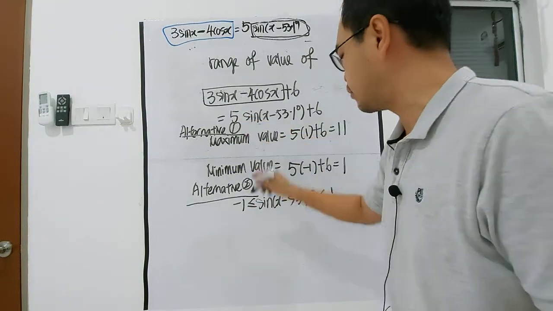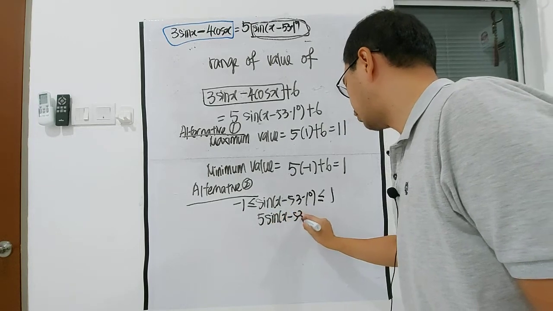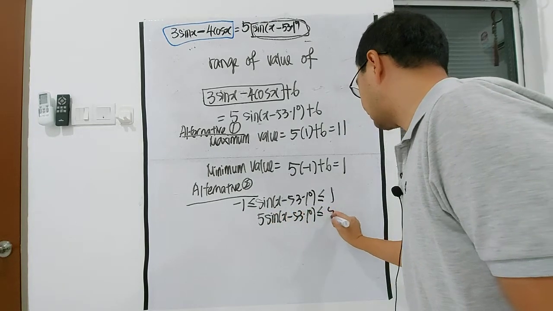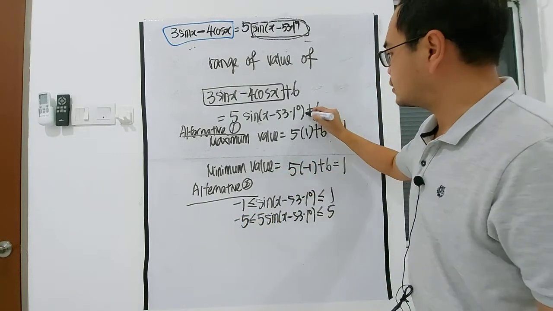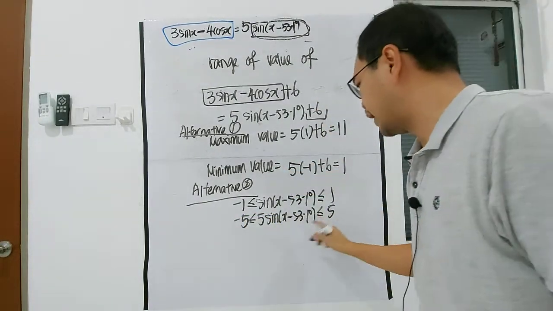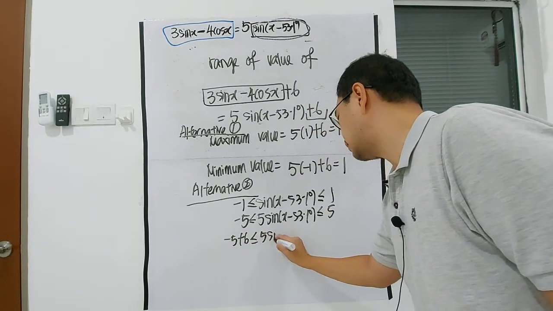Then you multiply with 5. This is more pro actually. So it's 5 and negative 5. And not finished yet because there is a plus 6 here, so I add 6 to the inequality.